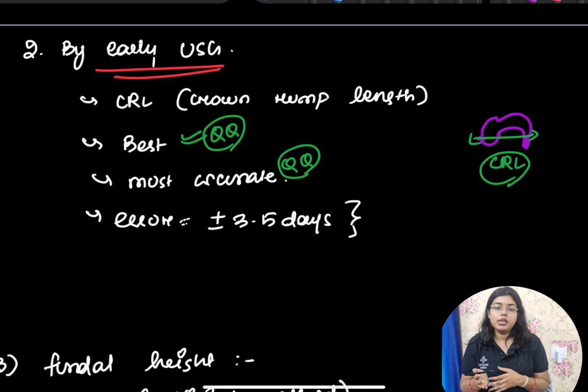That means the EDD may vary from 3 to 5 days before or after the gestational age calculated by CRL. Okay, so this is the most accurate, and we calculate it by early ultrasound. The earlier, the more accurate.